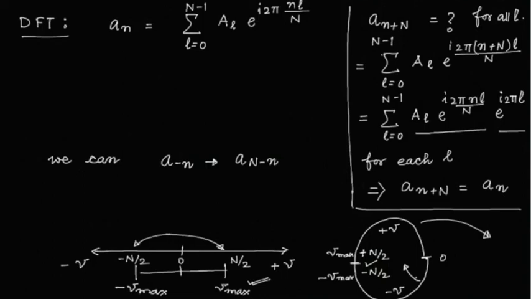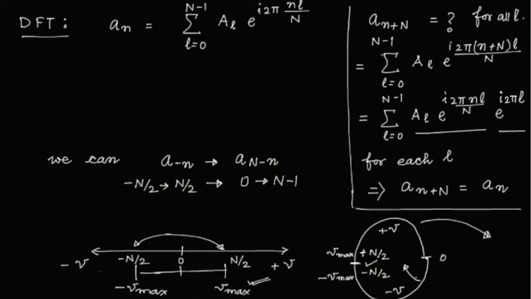Then instead of going from minus N by 2 to plus N by 2, things will go from 0 to N minus 1 rather.